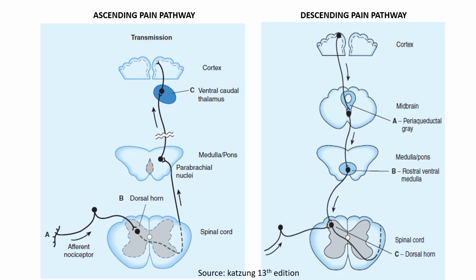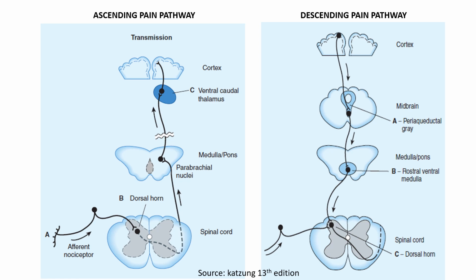Before going to the molecular mechanism of opioid analgesics, we will have a quick overview of the pain pathway. We have two different pain pathways, one ascending and another descending. This is the ascending pain pathway. It starts from the periphery, the site of the pain stimulus.